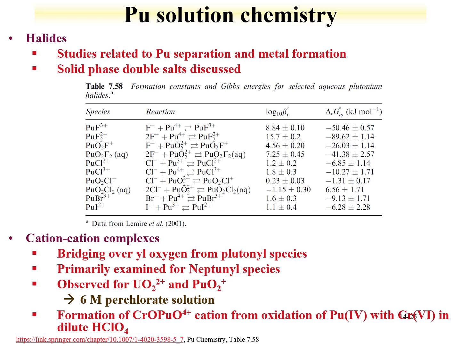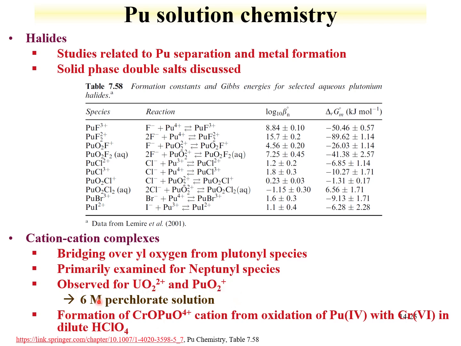And similar to the uranyl species that we discussed, you can have cation-cation complexes using the plutonyl species, so plutonium-5, plutonium-6. So you can form compounds that bridge over the yl oxygens. This has primarily been examined for the neptunyl species, but it has been observed between uranium-6 and plutonium-5 in 6 molar perchloric solution.